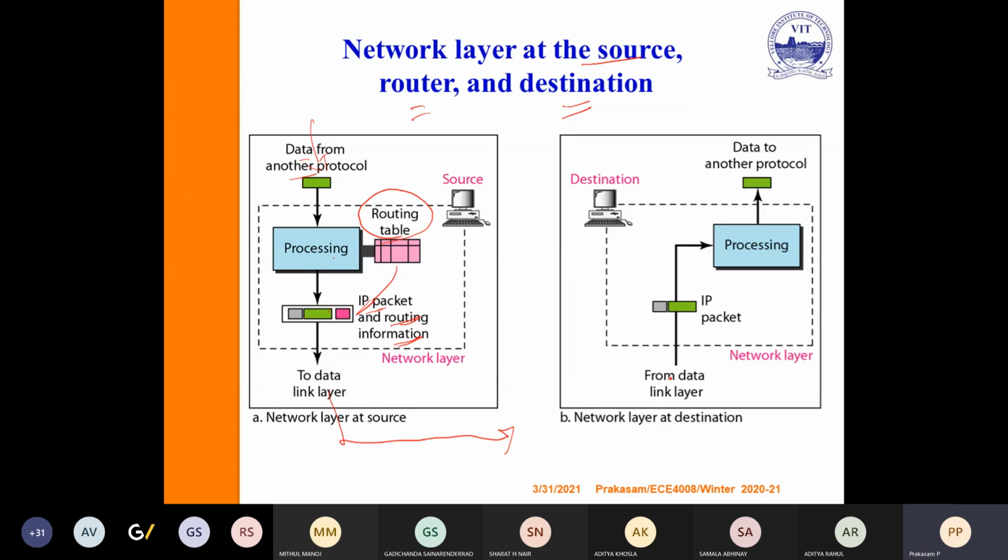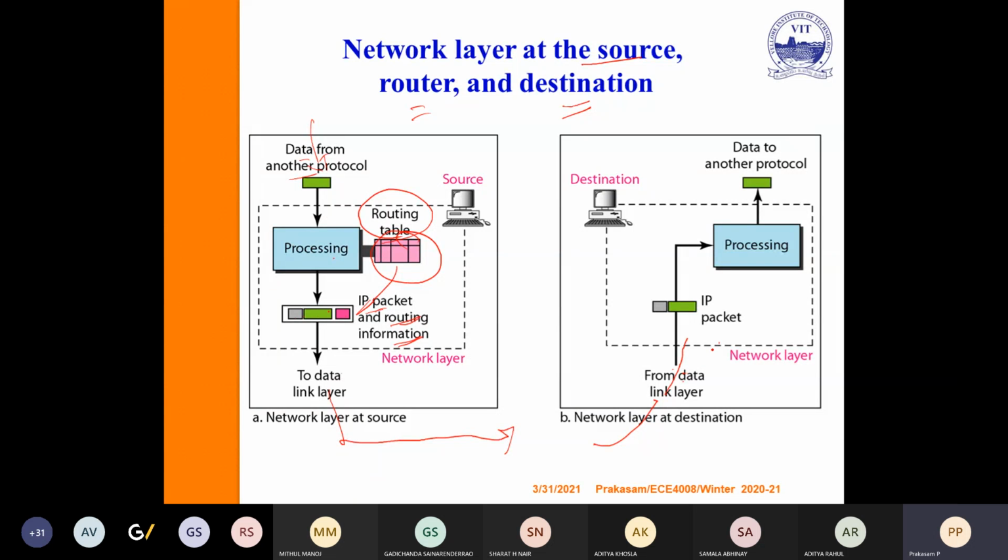On the destination receiving side, it is the same thing. It will go from the physical layer to the data link layer to the network layer. While receiving at the network layer, depending upon the routing information only, it identifies the respective destination.